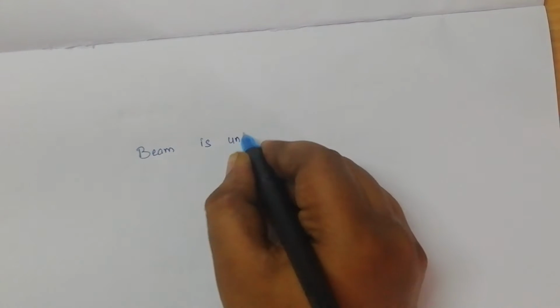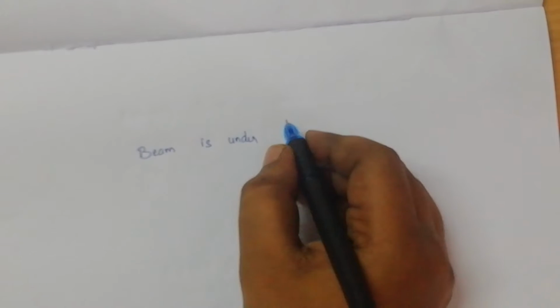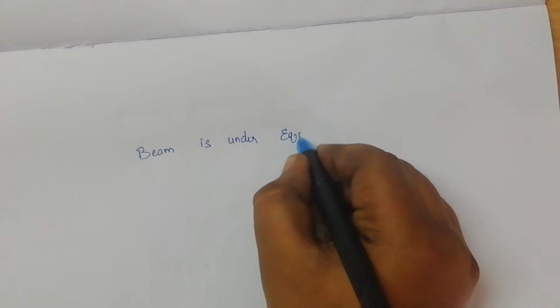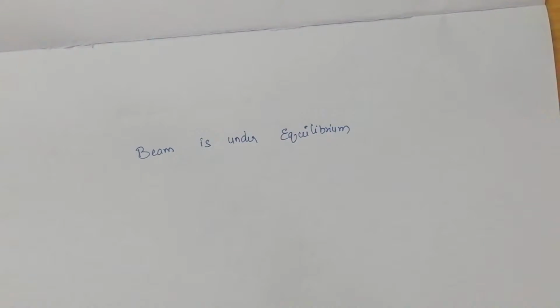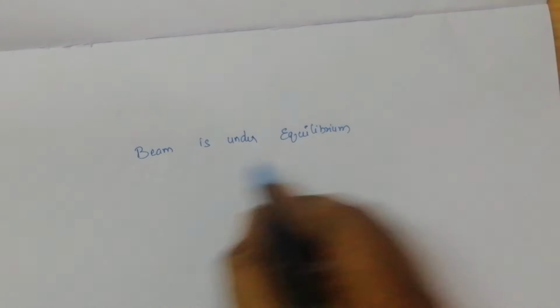Whenever any type of problem is given, the very first condition we take is that the beam is under equilibrium. So what does this equilibrium condition mean?